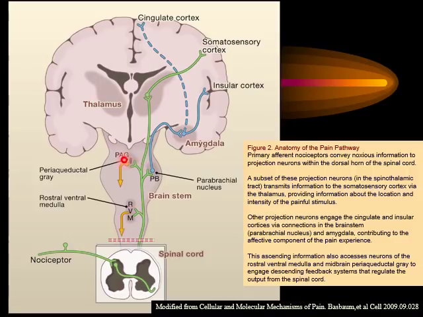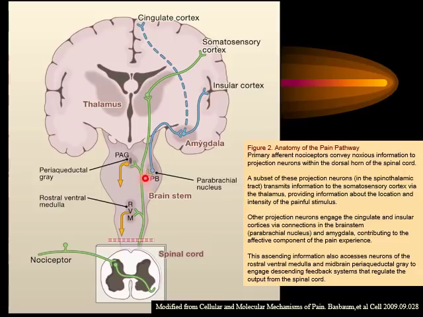And the same thing happens in periaqueductal gray. It sends a descending pathway that tends to modulate the activity of the pain pathway. As it goes all the way down to the spinal cord, we'll see how that modifies some of the activity of the ascending pathway.